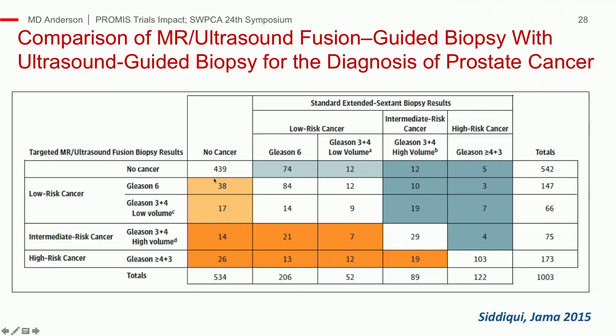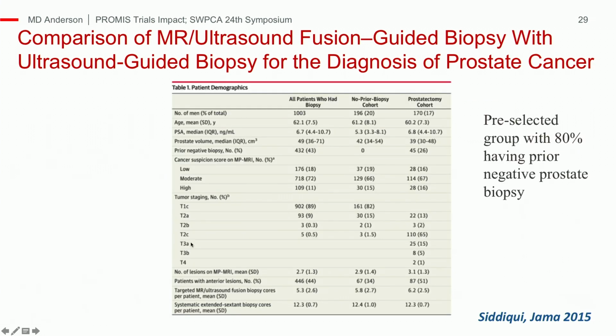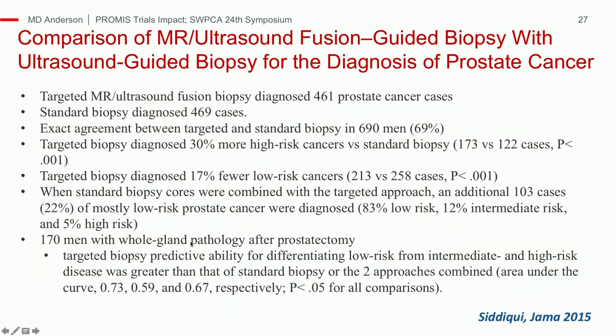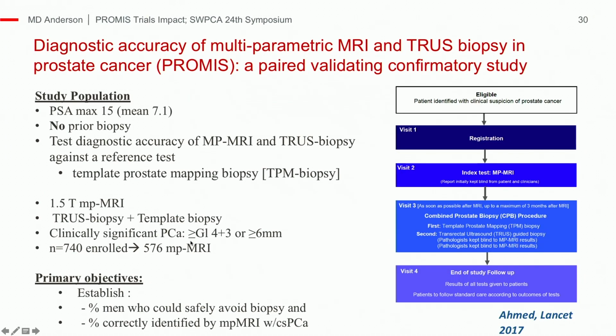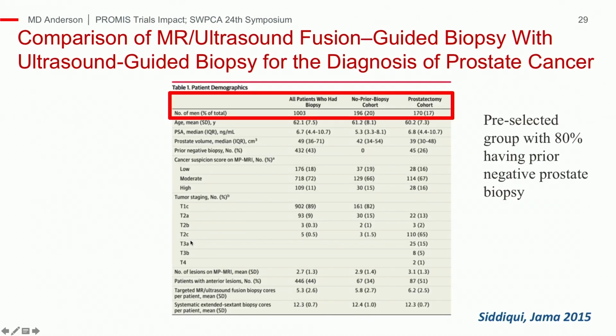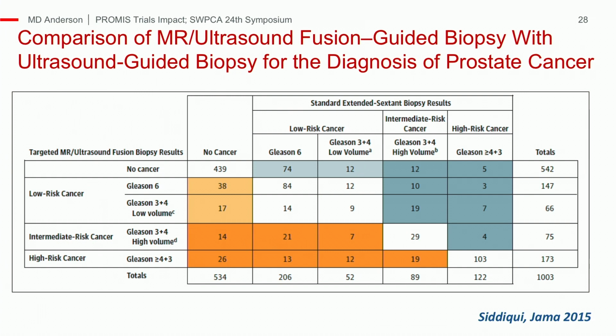This is a very nice table that outlines all the findings of the trial. The problem with this trial is that 80% of these men actually had already had a prior negative biopsy. So this goes back a bit to a lot of the PSA studies, in that this group of patients was already pre-populated by a group of patients who'd undergone a negative prior biopsy.